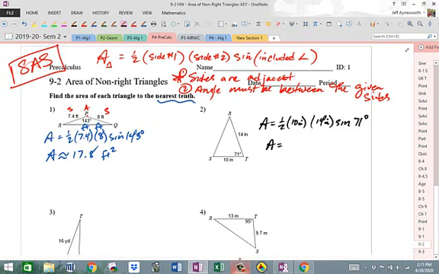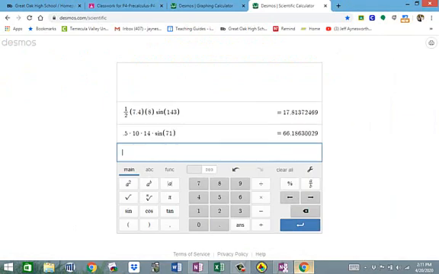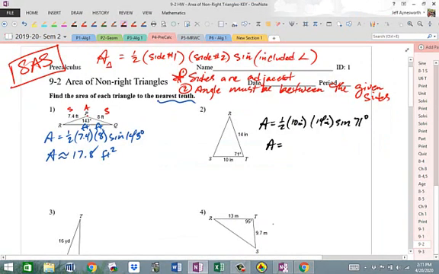So 0.5 times 10 times 14 times the sine of 71 degrees, and you get about 66.2 square inches. Very simple.